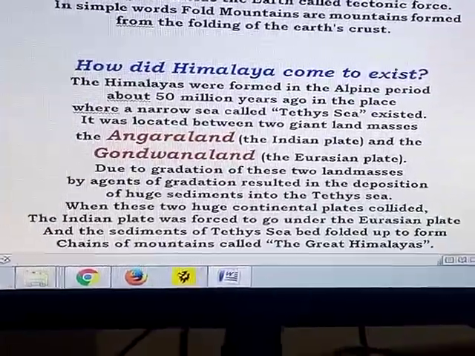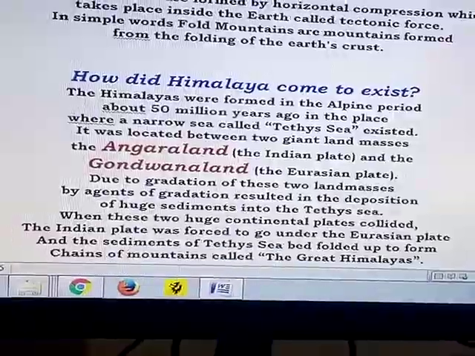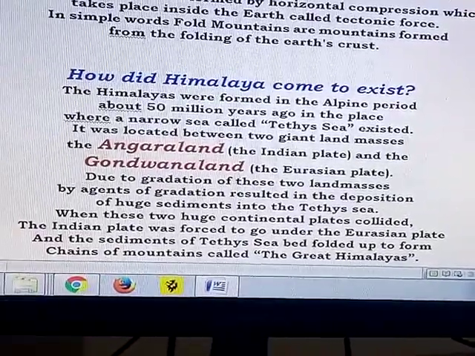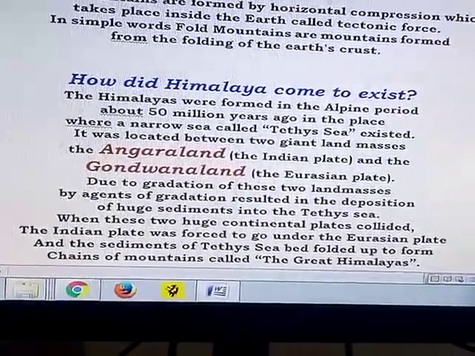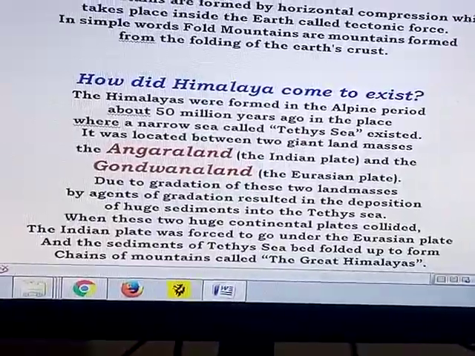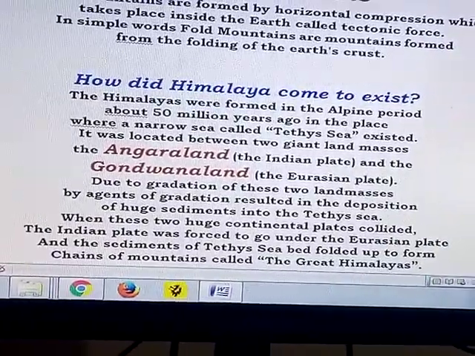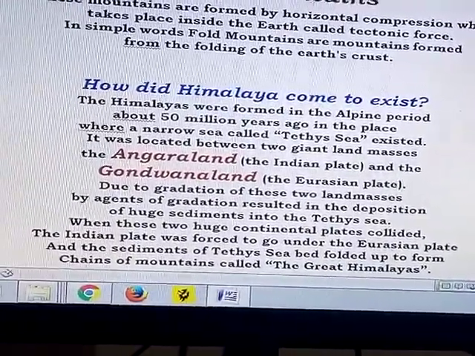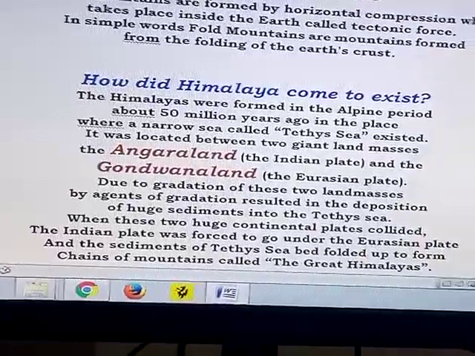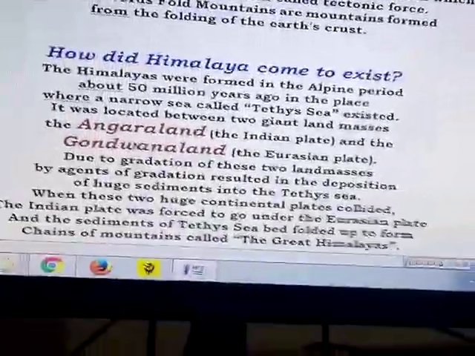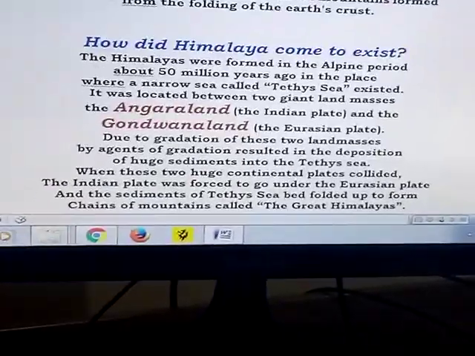Yes, you are hearing correctly, sea, Samundar. There was a sea called Tethys. Today, where you find the Himalayas, 50 million years ago, there was a sea. And the name was Tethys.